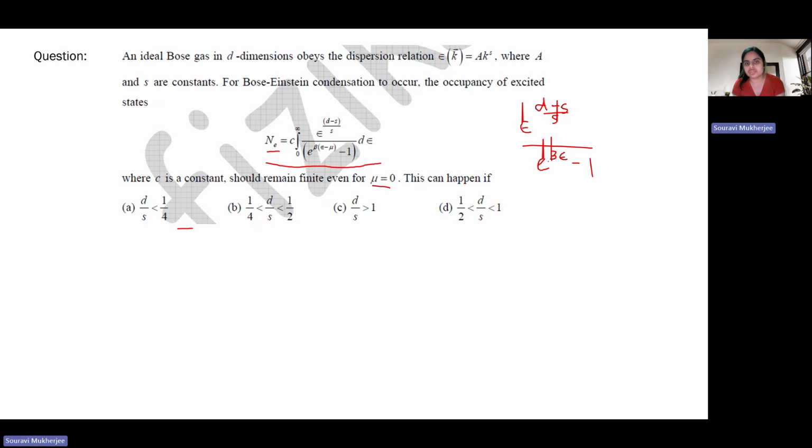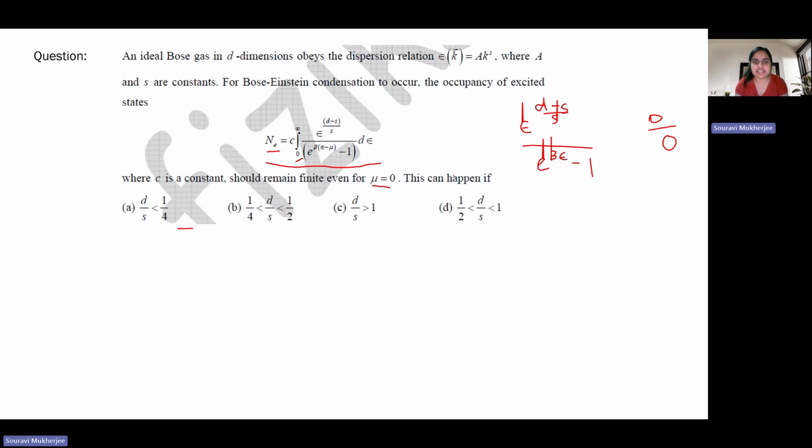Right. So this is your expression. Now here you can see that the integral runs from 0 to infinity. What happens when you put epsilon going to 0? That means at the zero energy state, what happens? The exponential becomes 1, so the denominator becomes 1 minus 1, which is 0, right? And above also, if you put epsilon to be 0, this becomes 0. So basically it takes a 0 by 0 form, right?